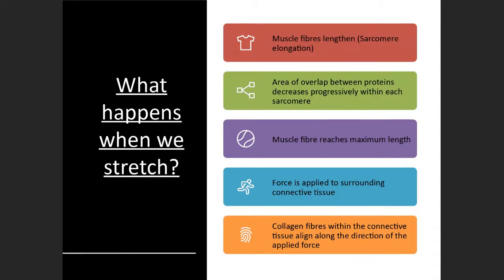So we're talking about things like areas of overlap. We're talking about muscle fibers reaching their maximal length. We're talking about the forces being applied to these tissues. And then we're talking about things like the direction of the collagen. Collagen tends to line up in the way that the tissue is pulling.